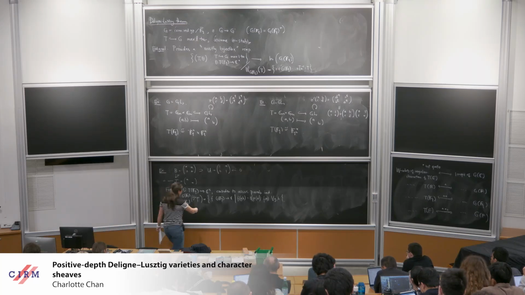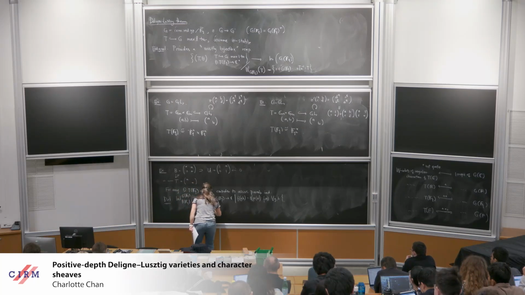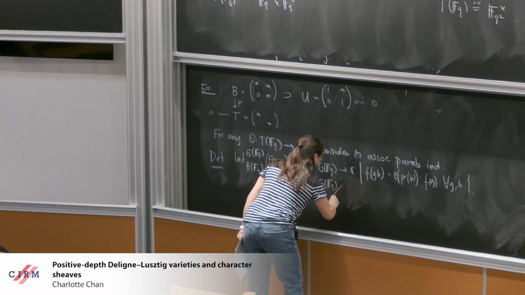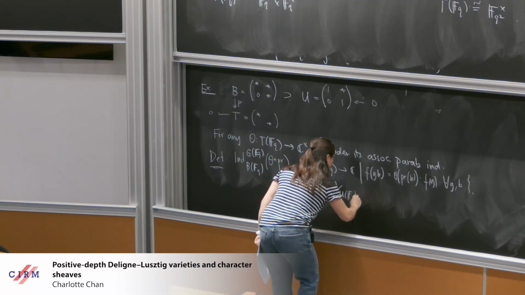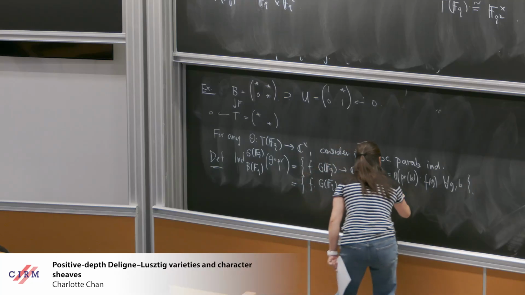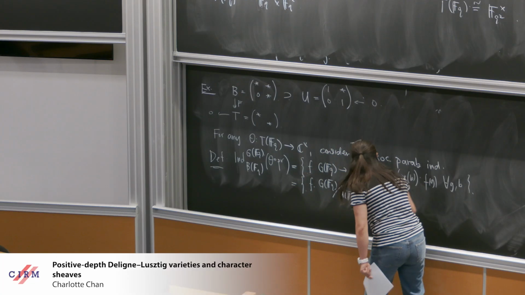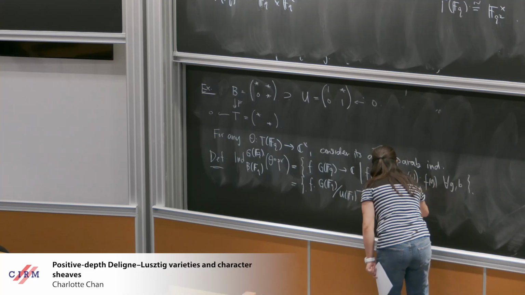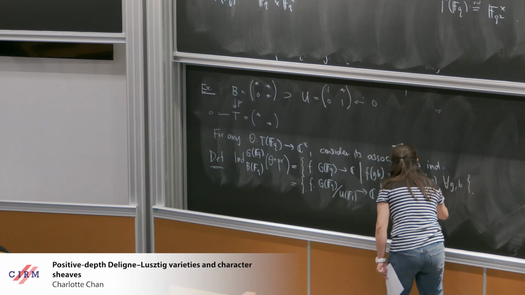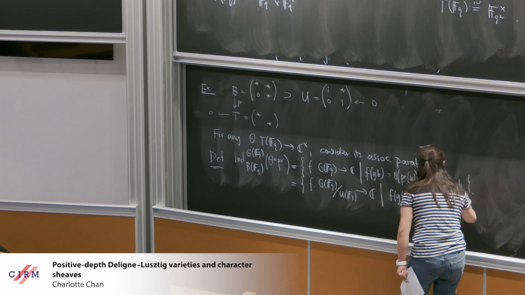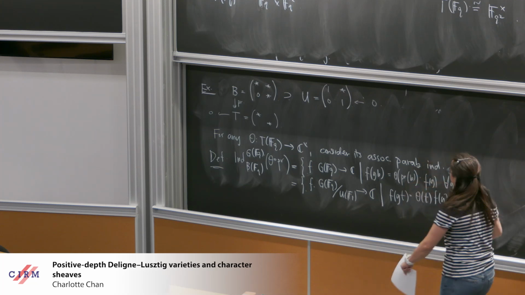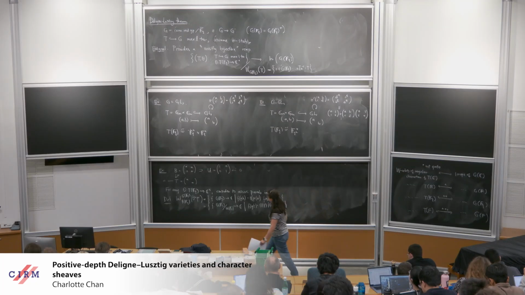So instead of thinking about it this way, one might think about it as the space of functions on the quotient, such that F of GT is equal to theta of T times F of G, where G is now a coset, again for all G and all T. So what does this say?